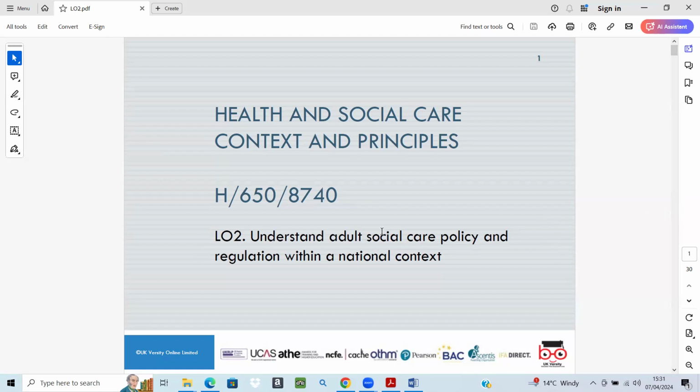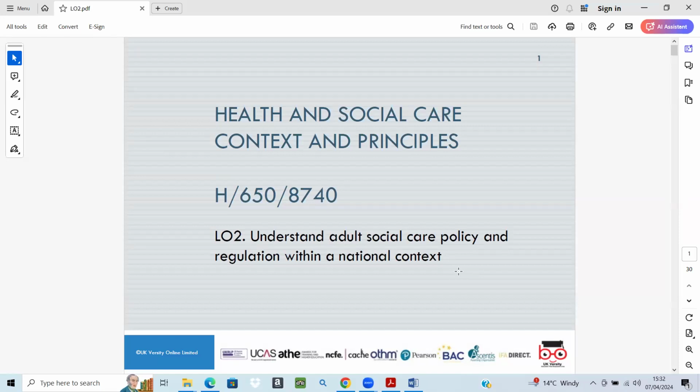They are asking us for the adult social care policies. The policies are important, regulation is important, and the national context. As we are in the United Kingdom, we will discuss the national context of the United Kingdom. If someone is from abroad, then they will use their national context according to that. But because the qualification is from the United Kingdom, we all have to discuss the United Kingdom.